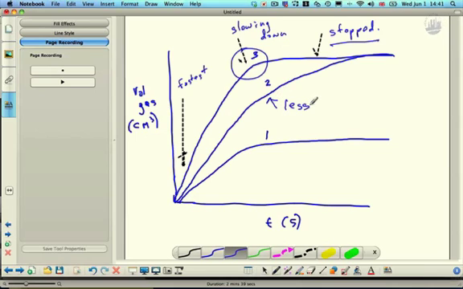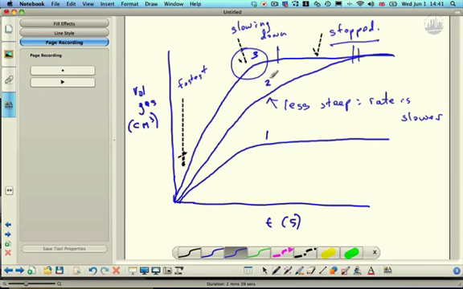So hopefully you can see that with the less steep gradient the reaction is slower. The rate is slower. Another way to consider that is if you look at when the reaction is finished. For reaction 2, the reaction finishes about here. Well, here really. But for reaction 3, it finishes here, much earlier, so the reaction is quicker.